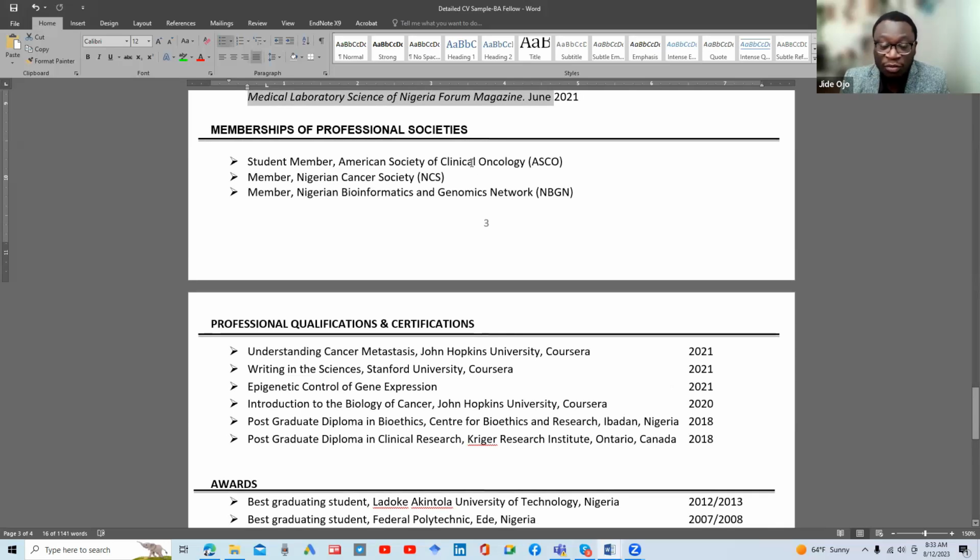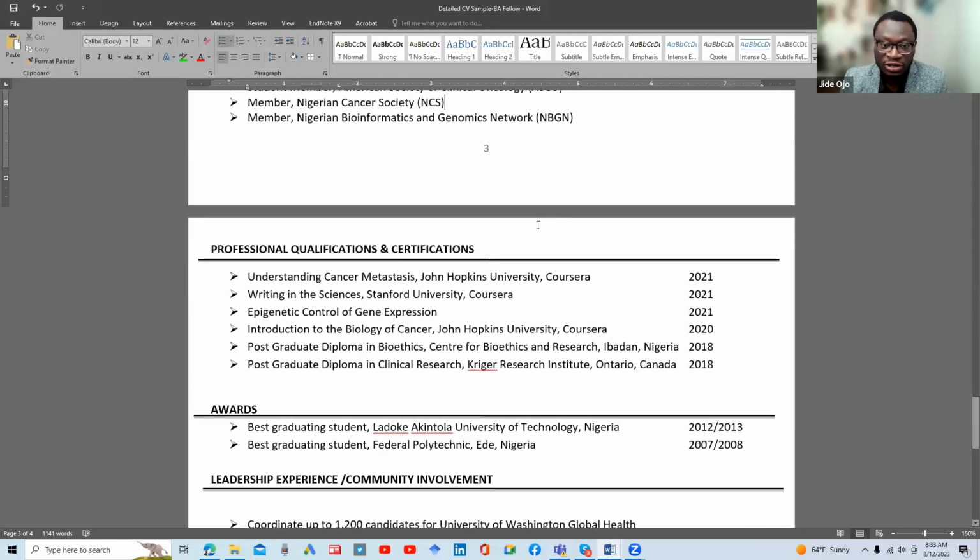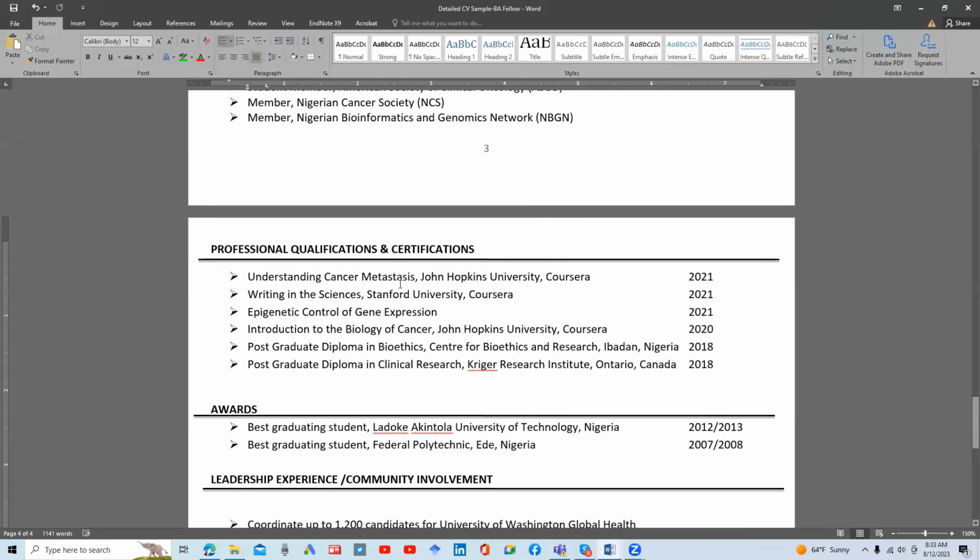I think for most of these professional societies, their student memberships are free, but you might just need someone in the field to refer you, or sometimes you can self-nominate yourself. So you can try that, look at the associations in your field and go to their website and see if you can join as a student member.